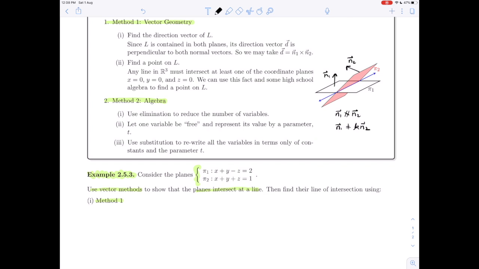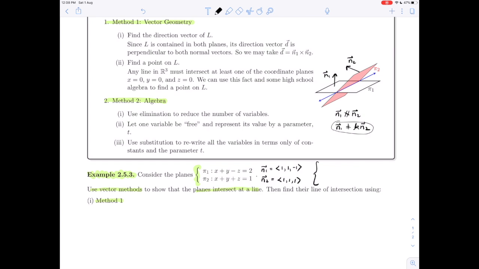So we can read the normal vectors here: n1 from the first plane is (1, 1, -1), and n2 is (1, 1, 1). And I want to show that n1 is not k times n2.